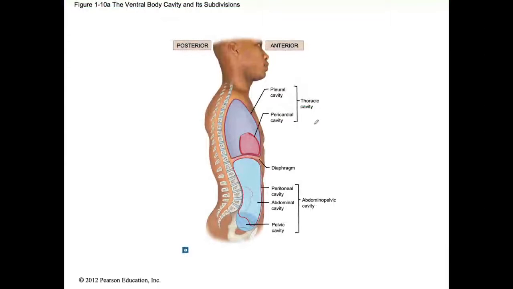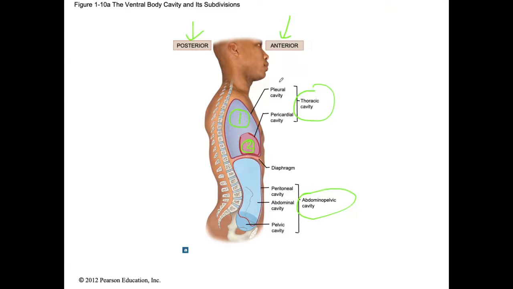Okay. When we look at cavities, we're going to divide them into anterior and posterior. When we look at the anterior side, we're going to be focusing on a thoracic cavity and an abdominal pelvic cavity. Now, within the thoracic cavity, there's two. There's one for the lungs, and the other is for the heart.